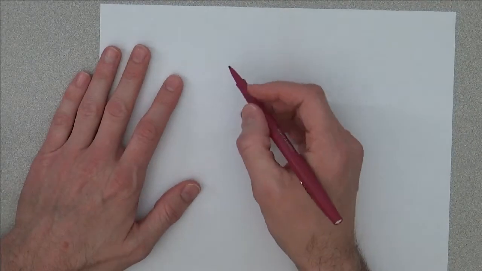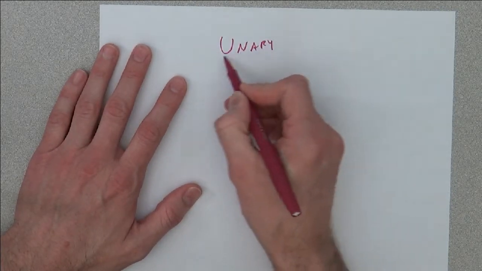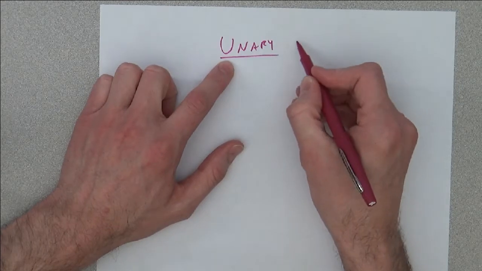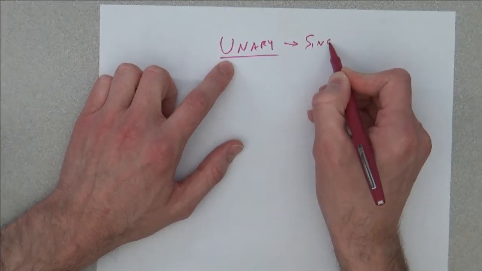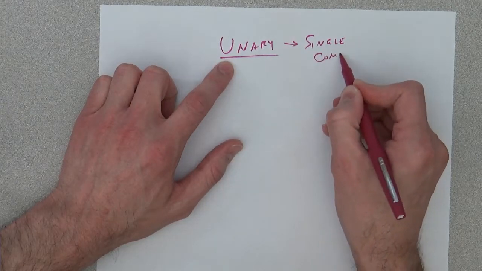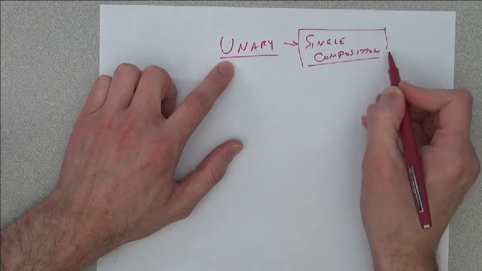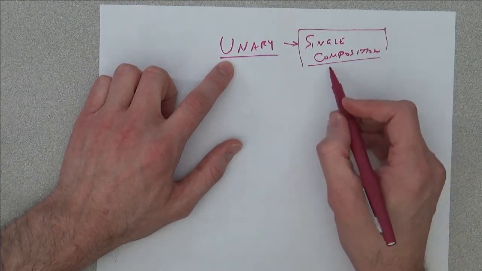So another fairly common phase diagram for us to show, these are called unary. A unary diagram of, say, a single compound. And one of the first two phase diagrams that we like to show is water.